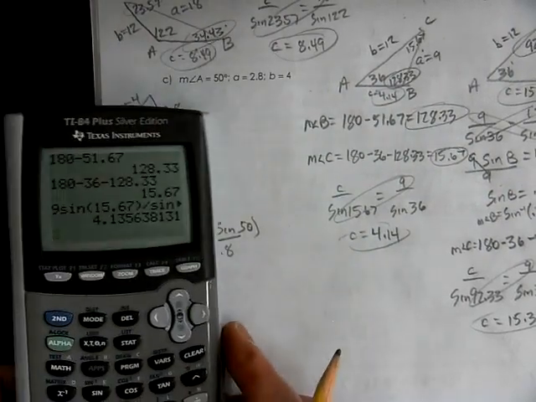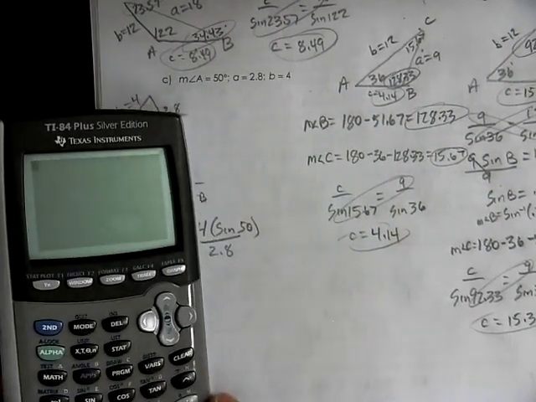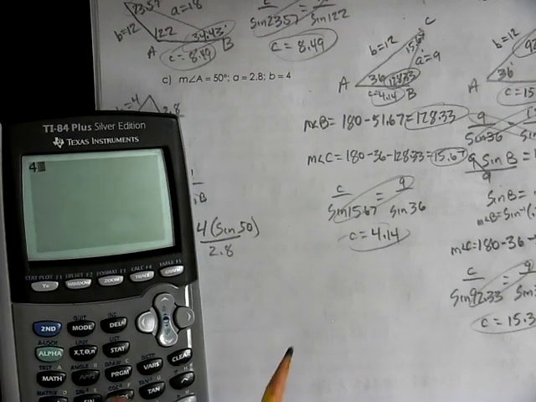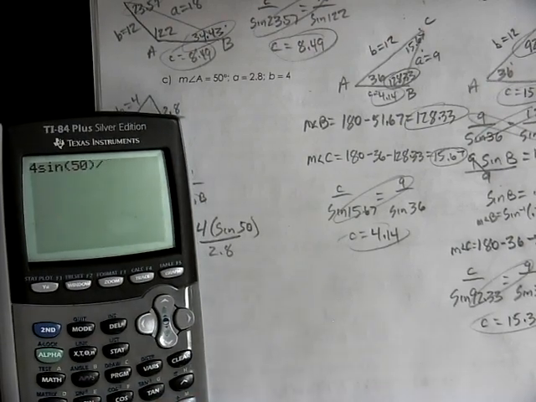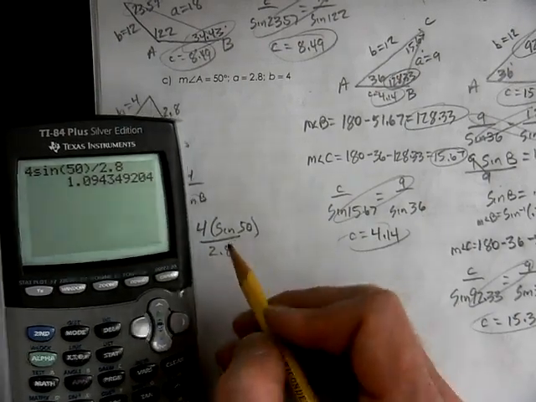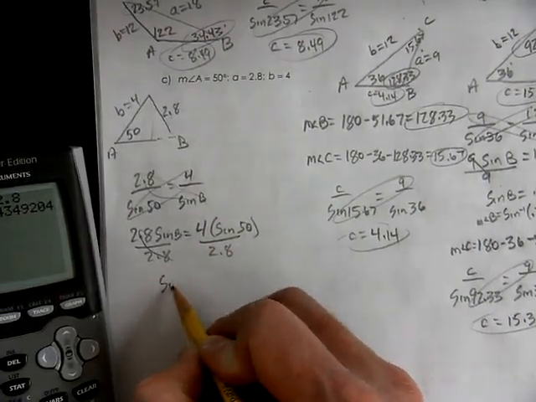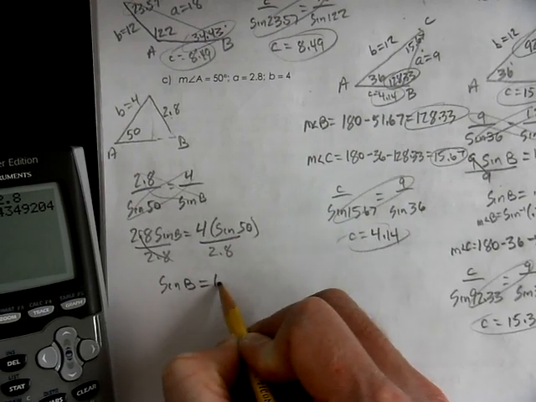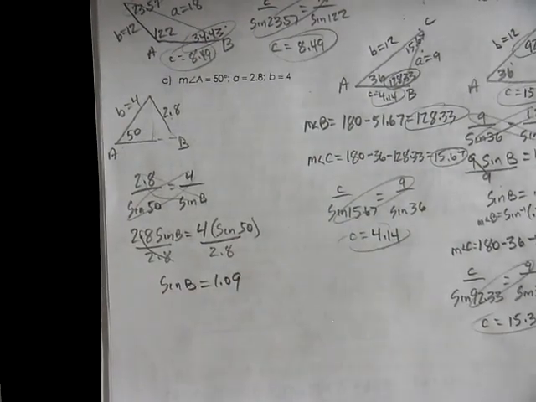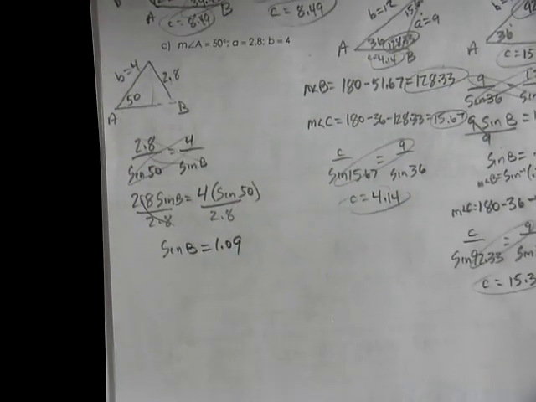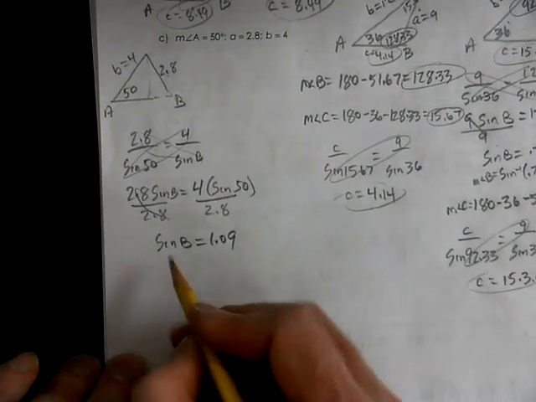So what is sine of B? Sine of B is going to be 4 times the sine of 50 divided by 2.8. Oh, look at that. Sine of B equals 1.09. This isn't going to exist.